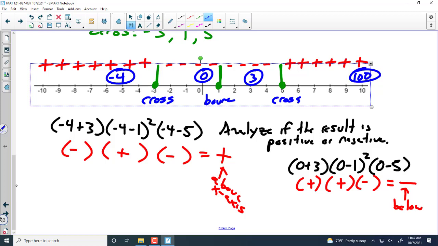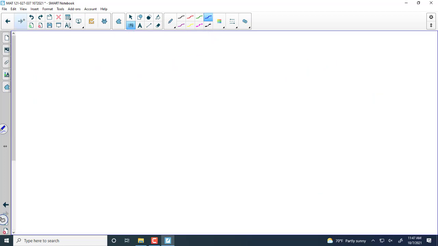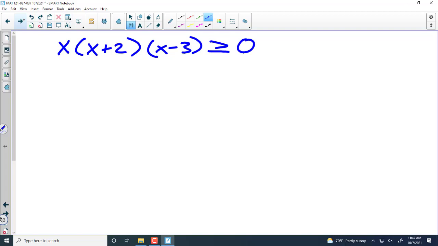So, let me show you a really, really slick way to use this number line and this technique with the sample numbers. And it's really, really smooth. You'll like this. You get to a problem that looks like this. You say, okay, gotta figure this out.